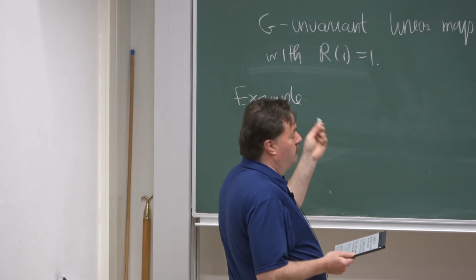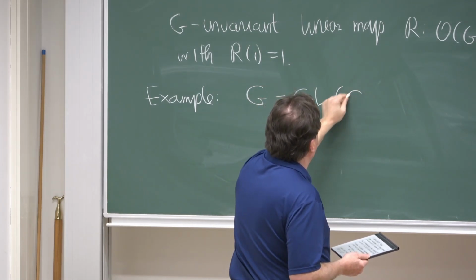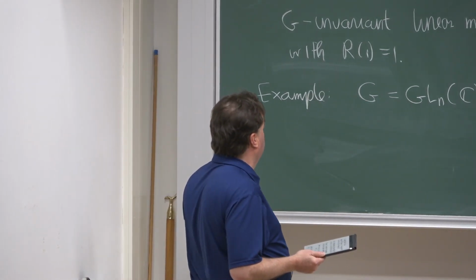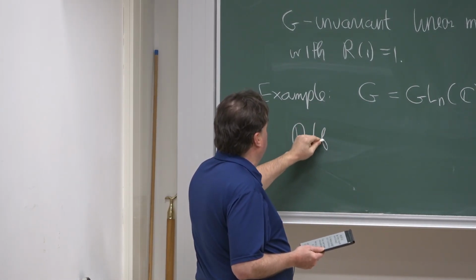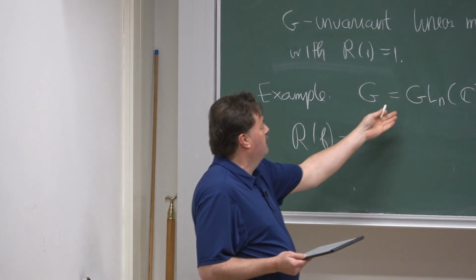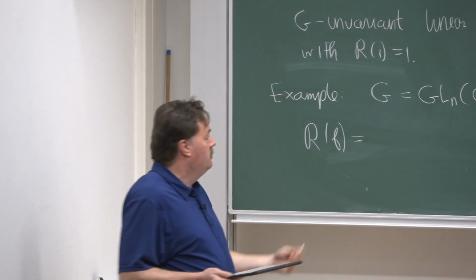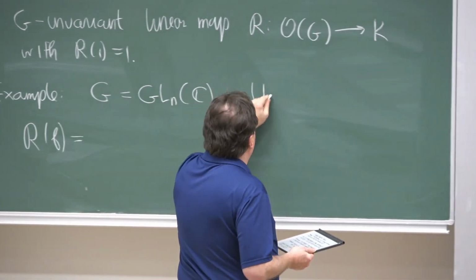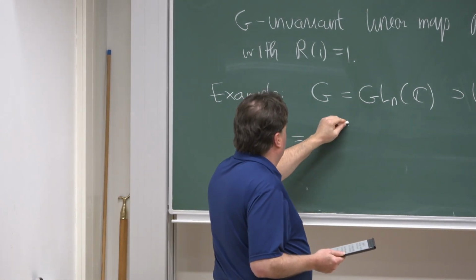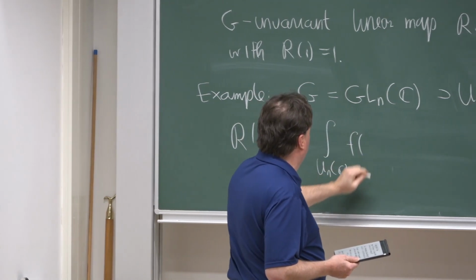if we work over the complex numbers, then we can describe this Reynolds operator as follows. If I have some function on GL_n, then I can take the average, but I cannot really integrate over a non-compact group. I just choose a maximal compact subgroup, the unitary group, and I integrate over this maximal compact subgroup.